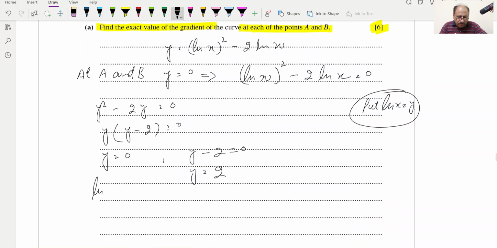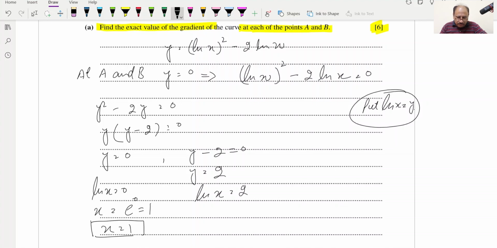Now this y value again we will replace, so it will be log of x. Log x is equal to 0 and log x is equal to 2. Now log x is equal to 0, we'll take power e on both sides, so x is equal to e raised to the power 0, which is equal to 1. So x will be equal to 1.